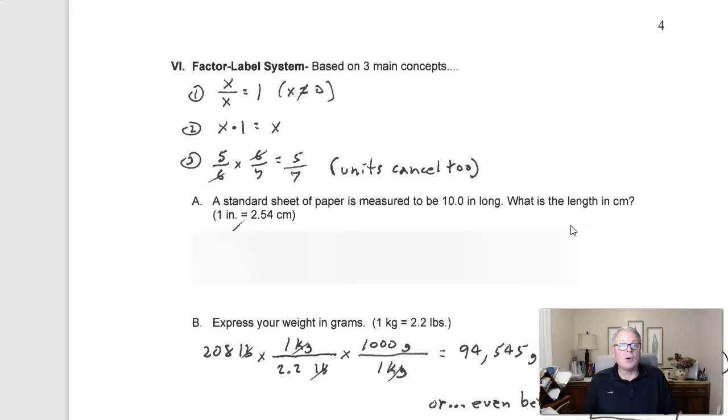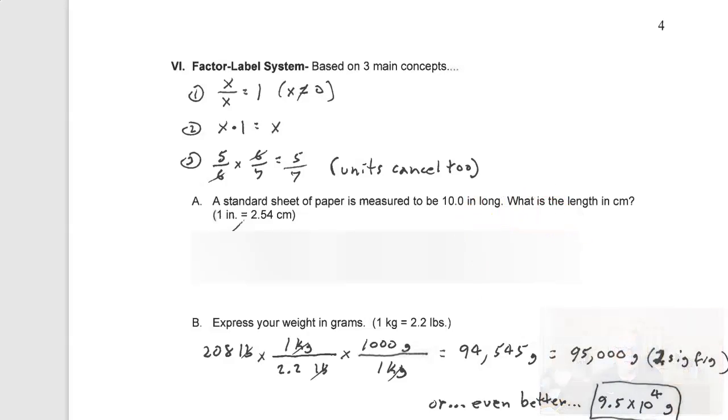Well, when you do a problem, you do the exact same thing. So, for example, a standard sheet of paper is measured to be 10.0 inches long. What is the length in centimeters? All right, and I will give you 1 inch is equal to 2.54 centimeters here. Okay. Side note. 1 inch is actually equal to exactly 2.54 centimeters.